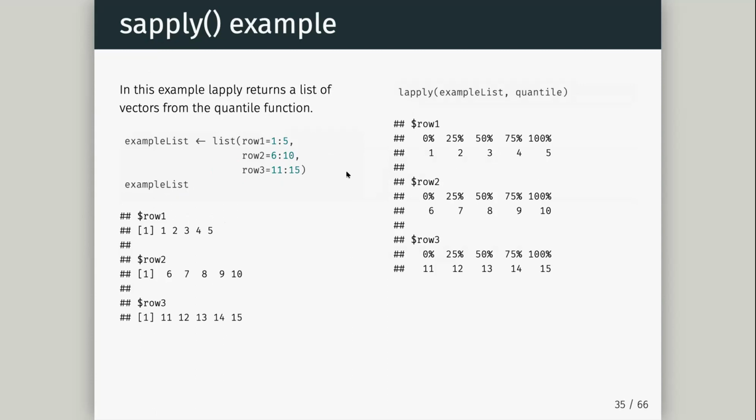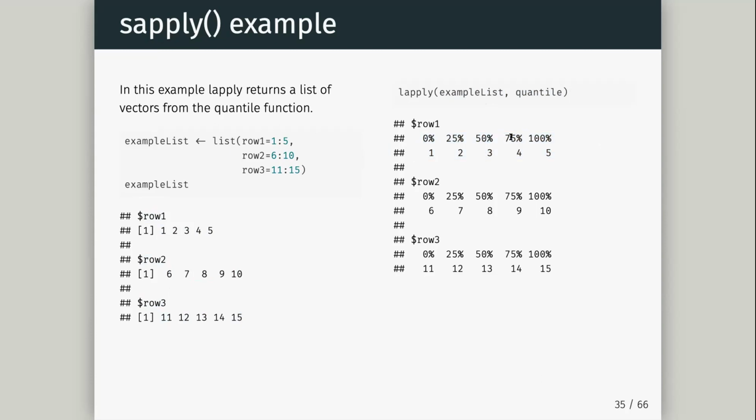A really useful example of lapply is here. So here we have a list with a list of names: row 1, row 2, row 3, and values 1, 2, 3, 4, 5, 6, 7, 8, 9, 10, 11, 12. If I do lapply and just want to get the quantile from this, quantile is going to return 5 values.